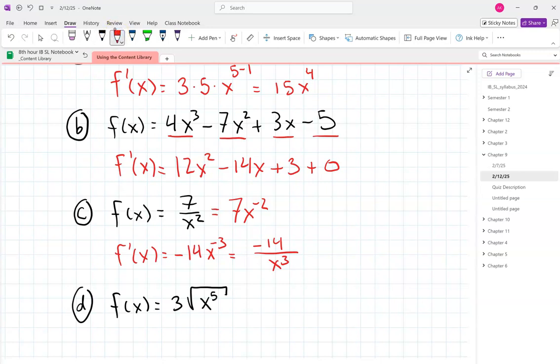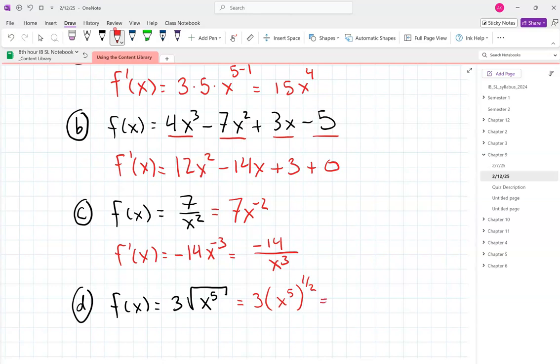What if we have 3 times the square root of x to the 5th? You can't just square a function. It's a fraction as the exponent.